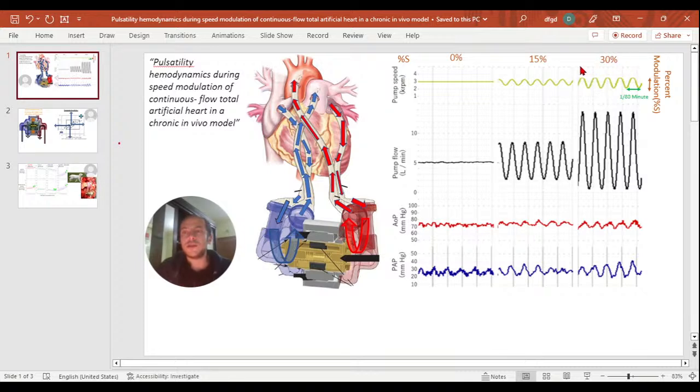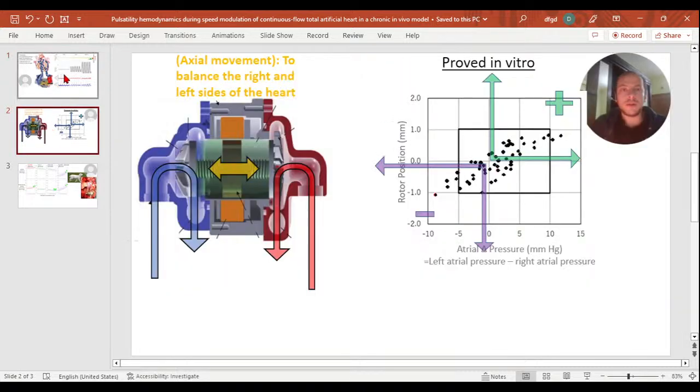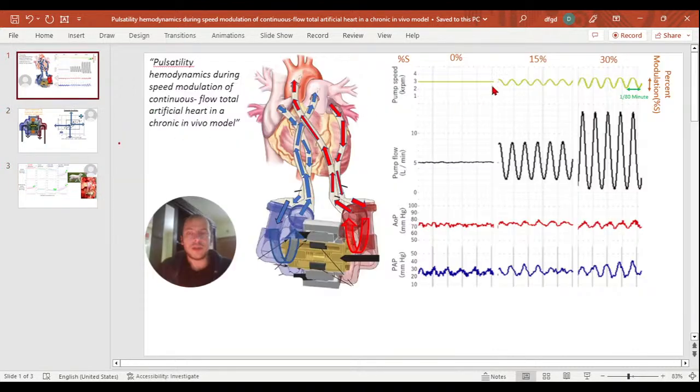So if we take, for example, a 30% modulation, in other words, if the pump speed was increased by 15% and then decreased by 15%, and then we go like that at an 80 pulse per minute heart rate, mimicking the normal physiology, we can notice that the pump flow actually goes up and down as expected.